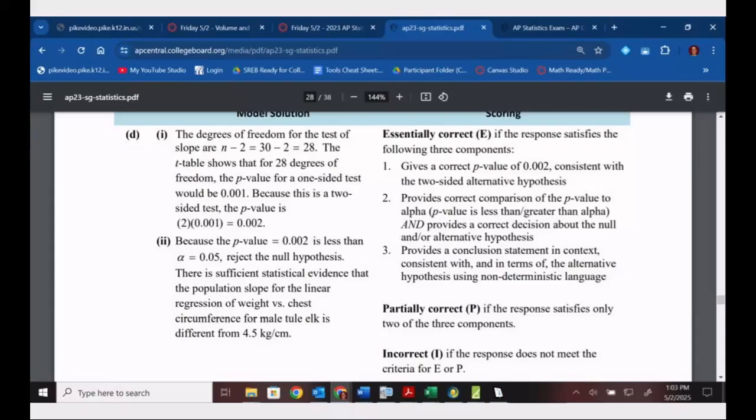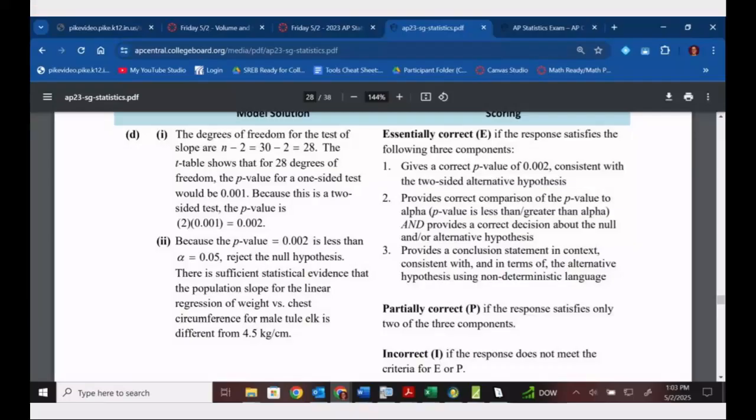And then part D, 3 components here. Gives a correct p-value of 0.002, consistent with the 2-sided alternative hypothesis, provides a correct comparison of the p-value to alpha, p is less than alpha, and provides a correct decision. We would reject the null. Provides a conclusion statement in context consistent with and in terms of the alternative hypothesis using non-deterministic language.